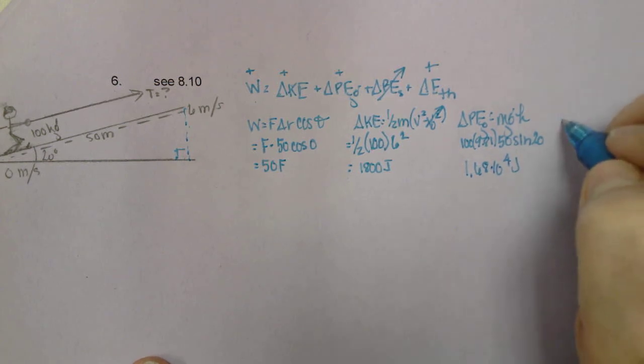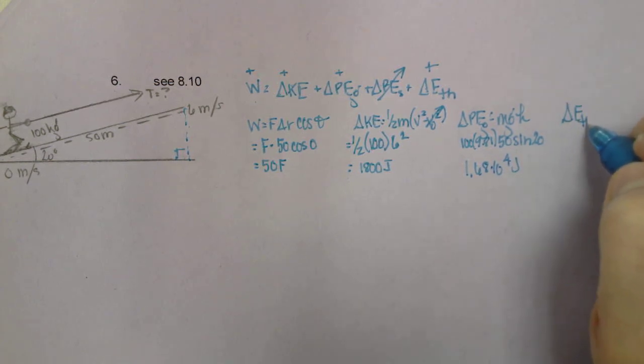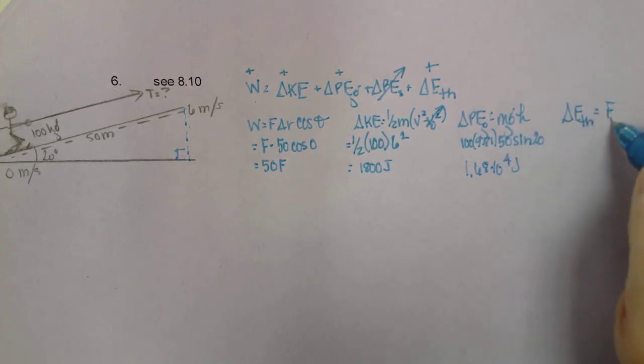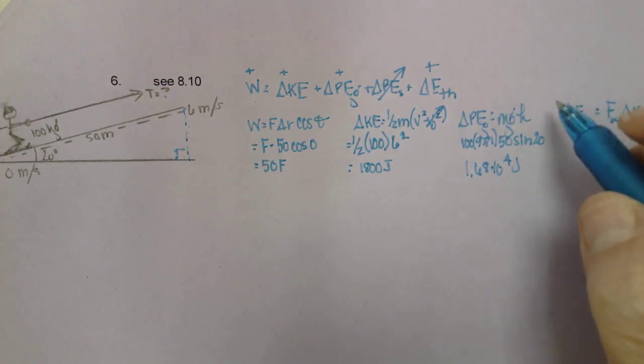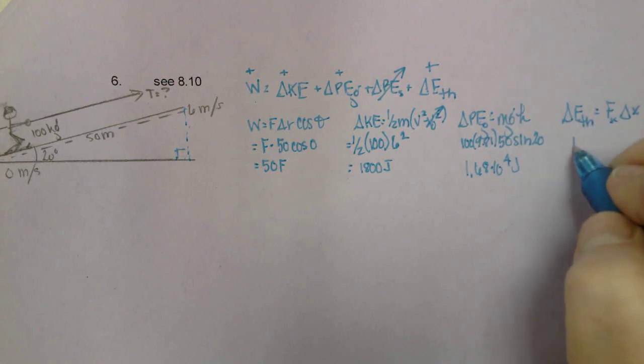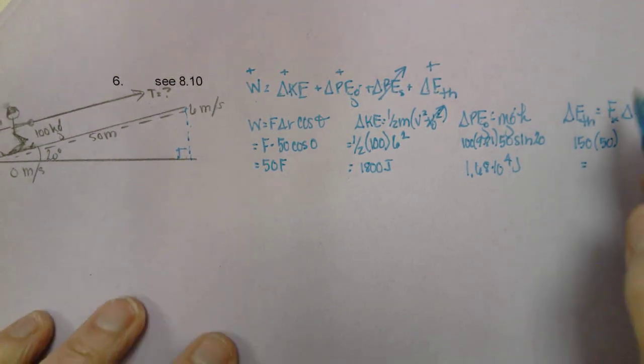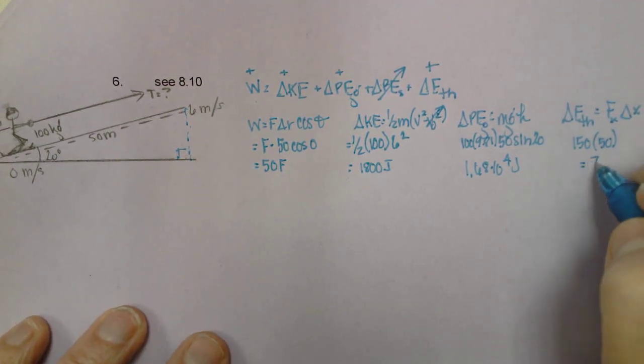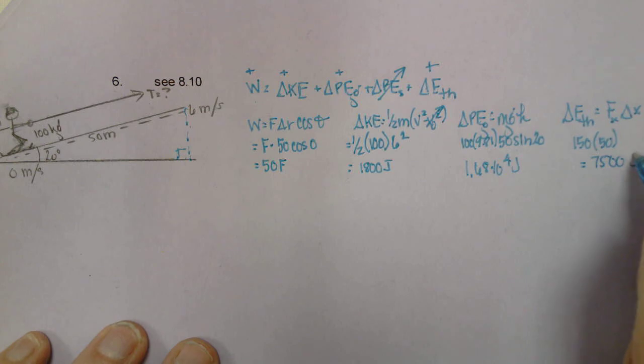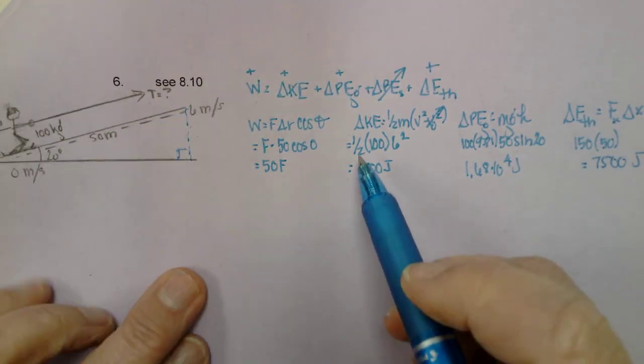And then finally, delta E thermal is F sub K delta X. F sub K is 150, they gave that to you, times 50, which ends up equaling 7,500 joules. So I'm going to go ahead and put this now into my work energy equation.